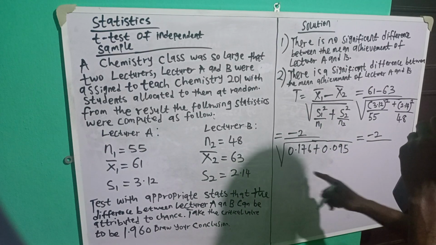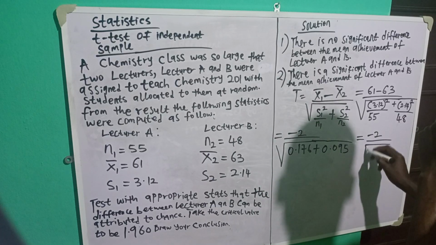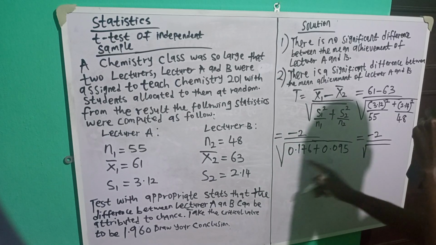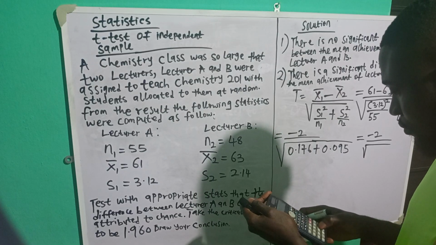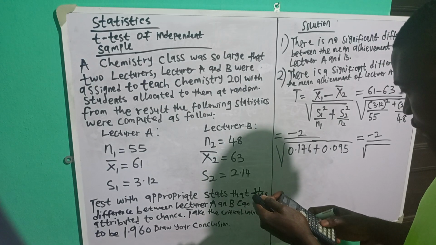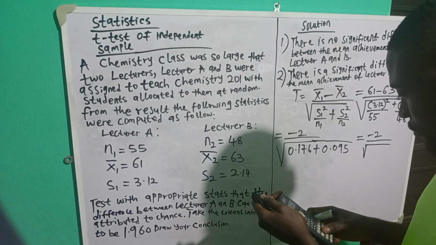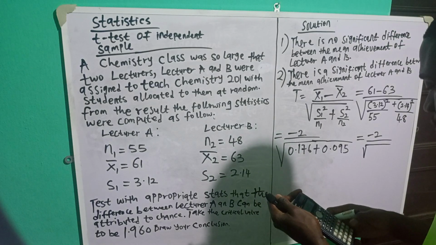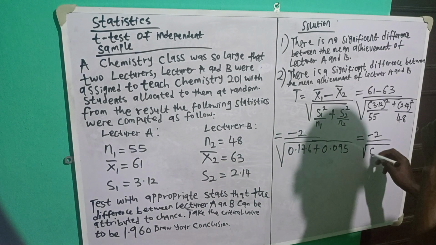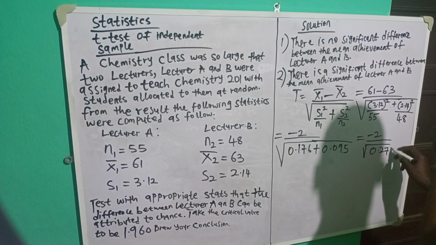I'll add these two numbers together, and I get 0.271.